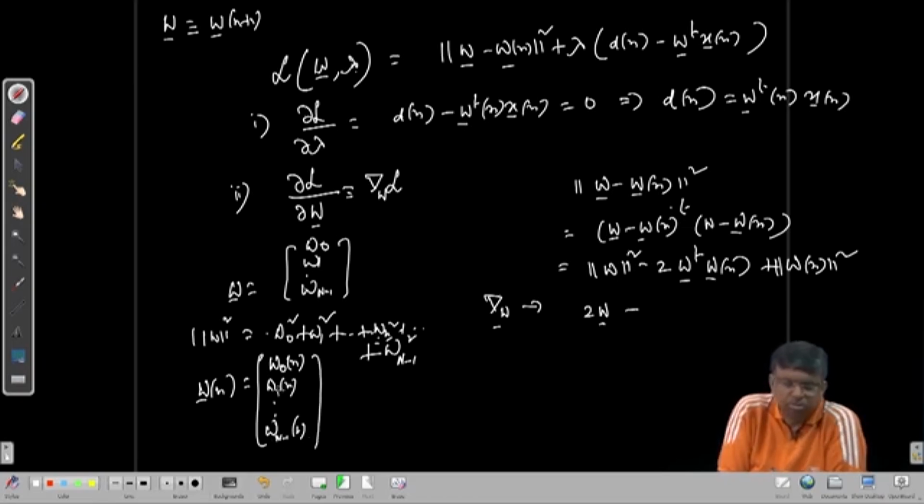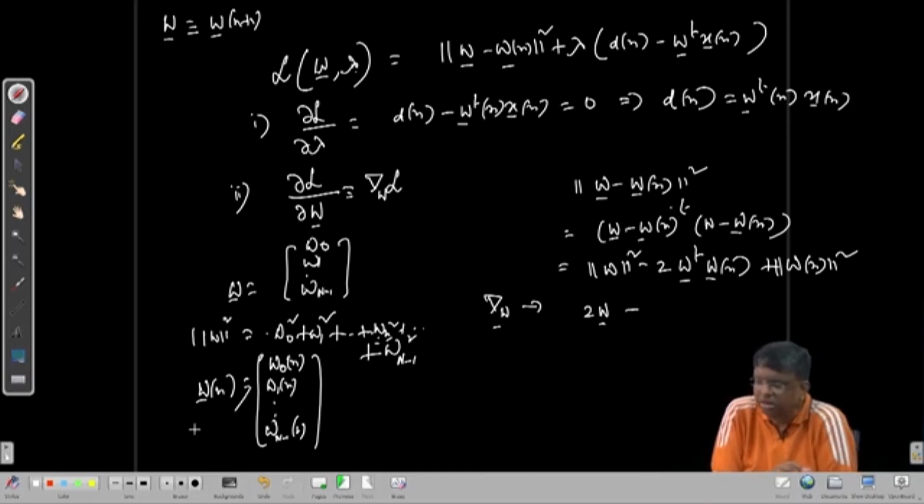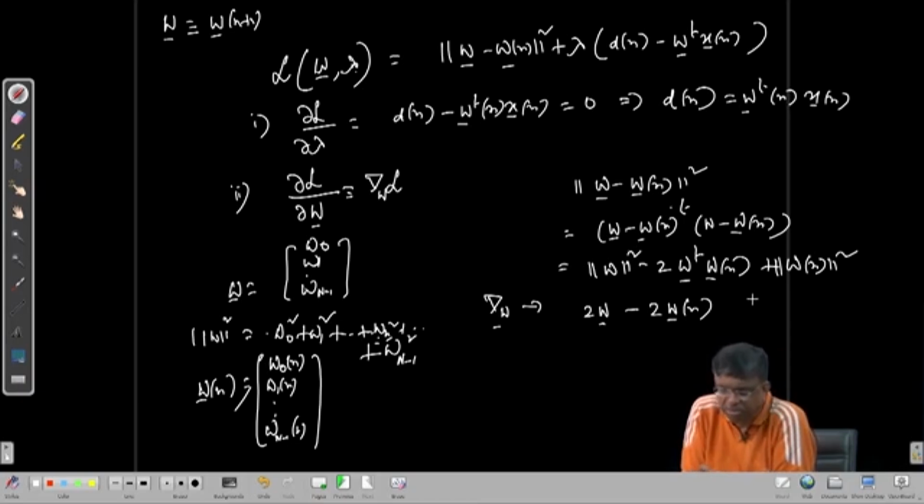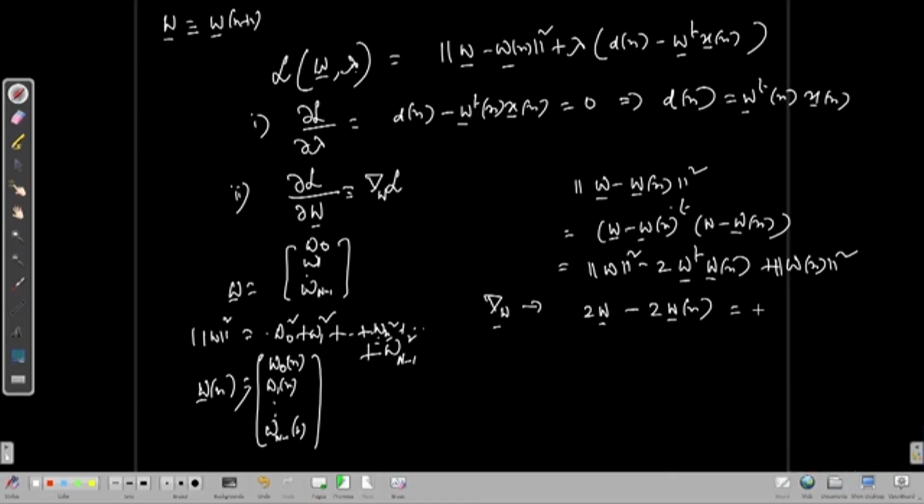So, W transpose W n, you can easily see W0 W0n, W1 W1n, dot dot dot, and then addition. So, if I differentiate, the kth term will be giving me W k n. So, if I stack them W0n, W1n, so basically you get W n. So, from here you get W n, all right, and this is of course independent of W. So, that goes, and this you have to equate to 0.